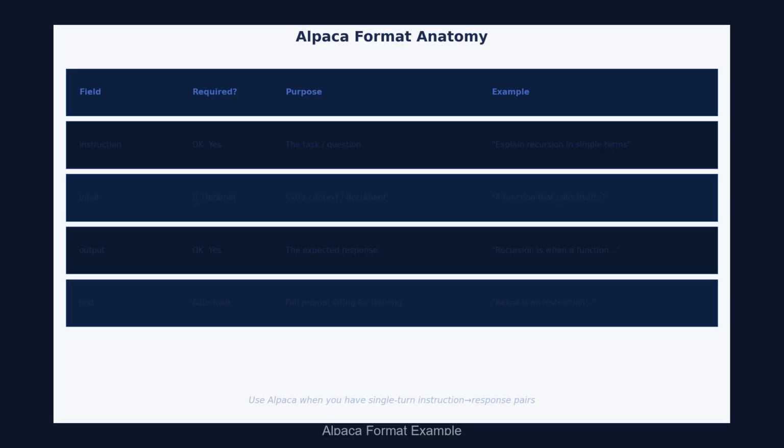The Alpaca format is one of the most widely adopted instruction format conventions, and understanding its fields precisely will help you work with a large portion of publicly available fine-tuning datasets. The instruction field is required. It's the task or question. The input field is optional. It provides additional context or content for the model to work with.